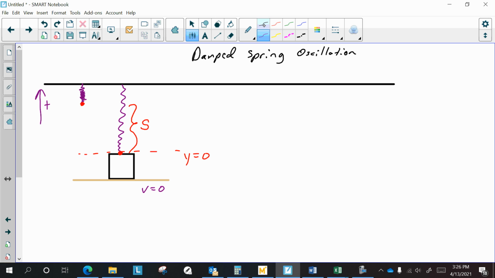So when our spring is at rest, let's analyze the forces on it. We have the weight pulling down, which is the mass of this system times gravity, and we have the force of the spring pulling up. If we sum those forces together in the y direction, that should equal mass times acceleration in the y.